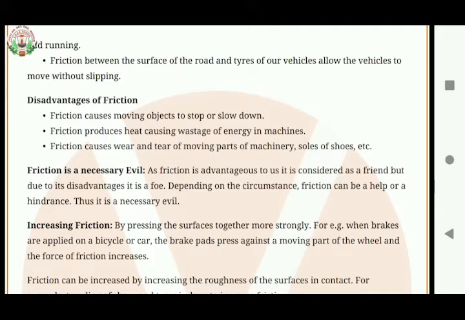Friction is a necessary evil. As friction is advantageous to us, it is considered a friend, but due to its disadvantages, it is a foe. Depending on the circumstances, friction can be a help or a hindrance. Thus, it is a necessary evil.